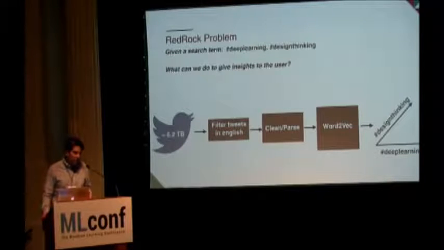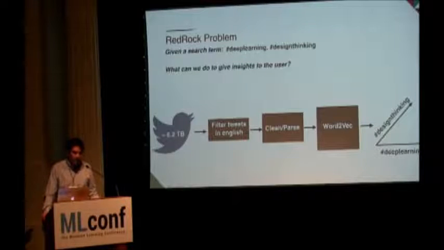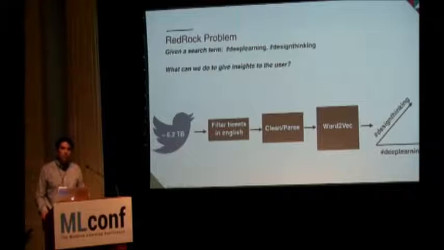So this is my pipeline. I ended up using about 6 terabytes of data of the Twitter decahose, which is about a month of data, from which I then picked the tweets in English, of course. Then I did some parsing, and that's the data that I used to train my word2vec model.